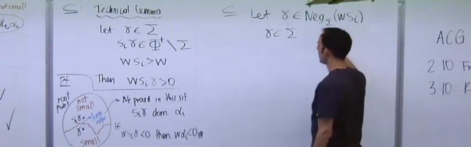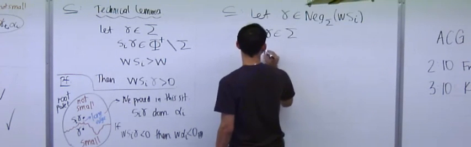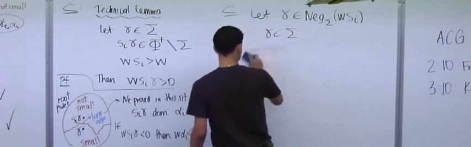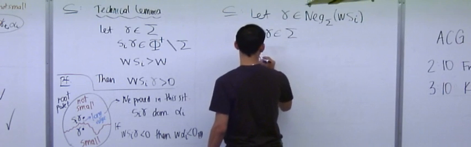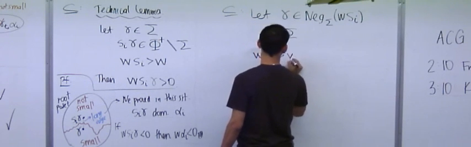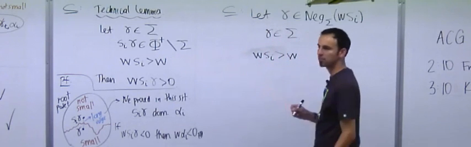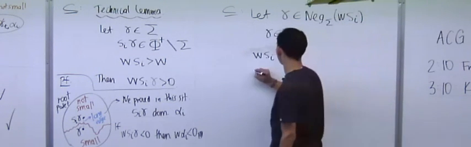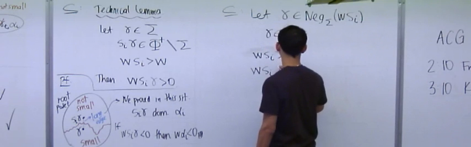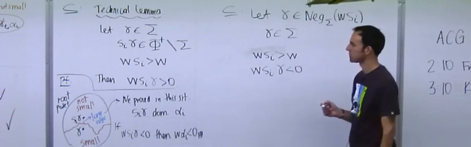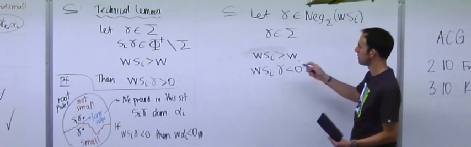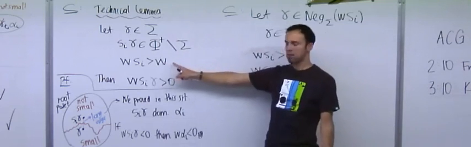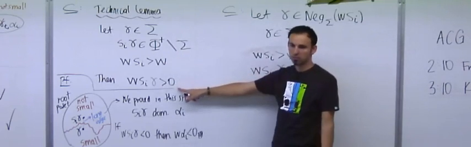Second of all, another thing we have is that WSI is bigger than W. Right? This was one of the conditions. And what this means is that WSI gamma is negative. Okay? And so you see, this matches this, and this matches the opposite conclusion to this. Okay?